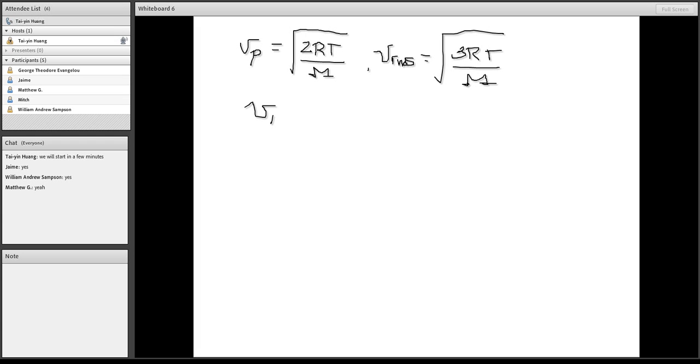So the average velocity of the molecule is equal to 8RT, and then over pi times the molar mass. Okay, so those are three velocities, three speeds, that we discussed in class.